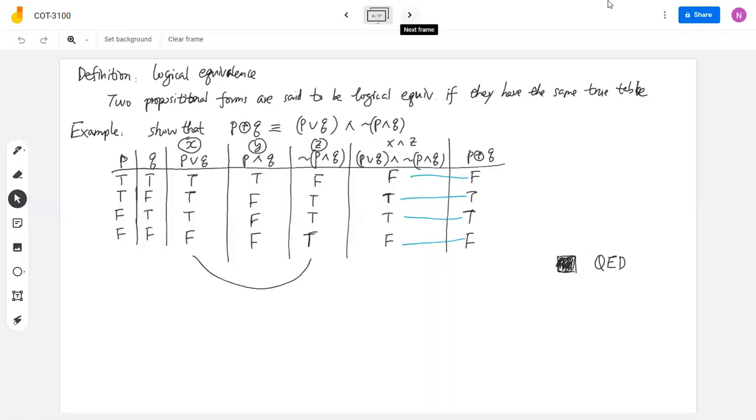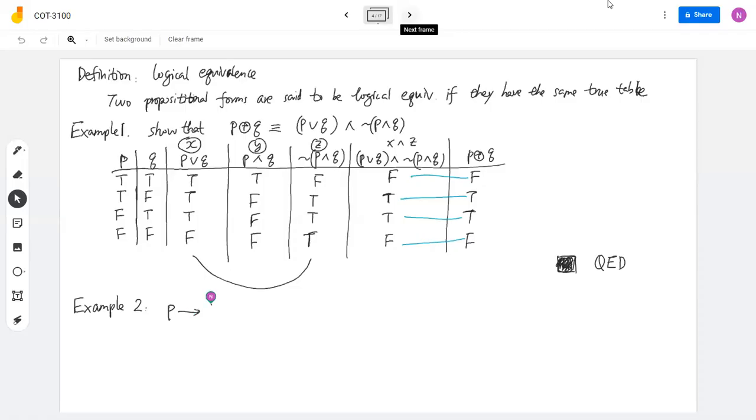Okay, let's see another example. Let's call this example 1. The next example I'm going to show you is, I guess, something you can probably see easily.